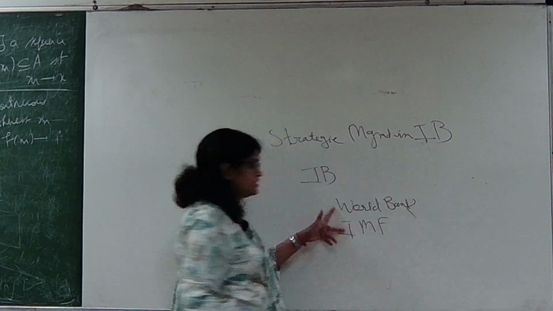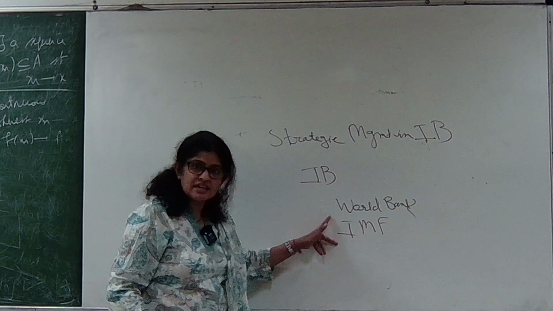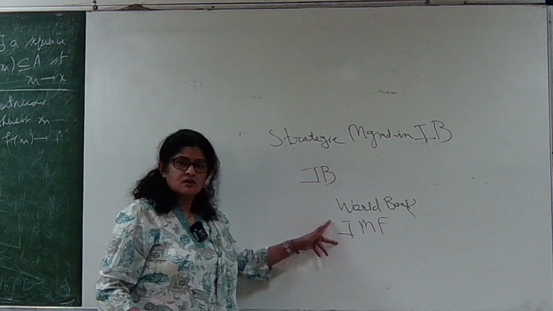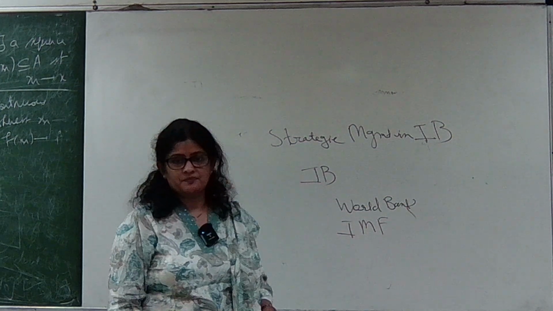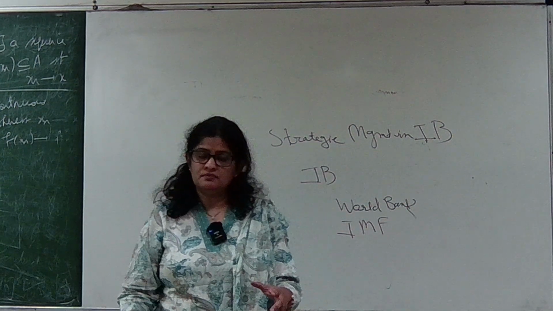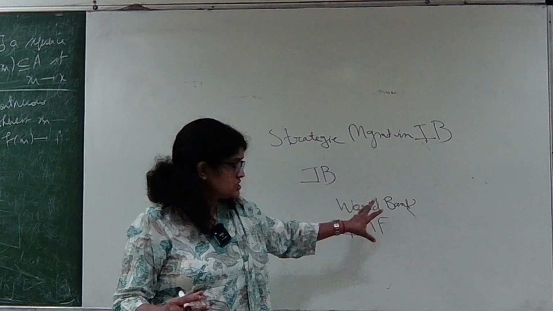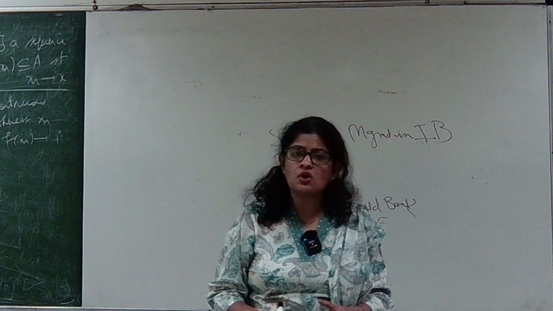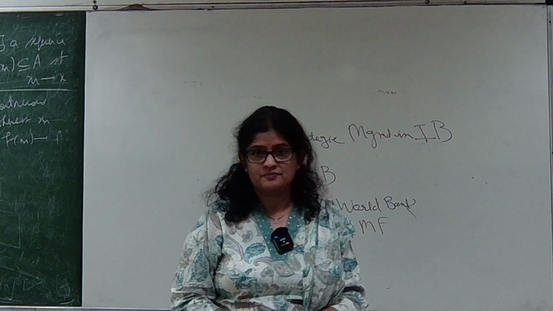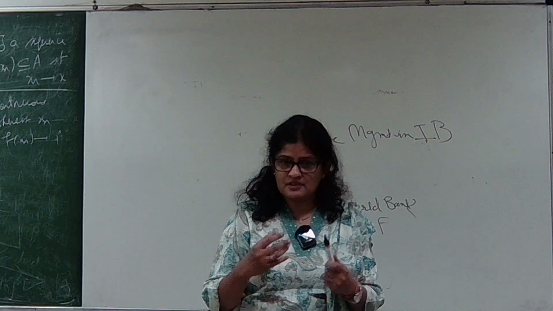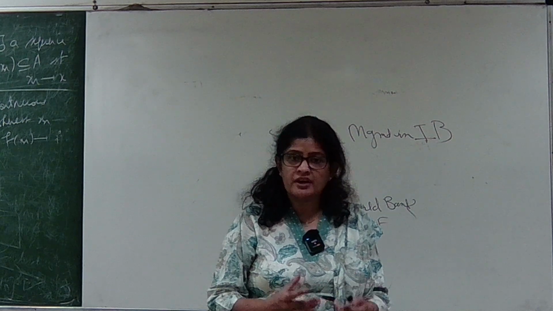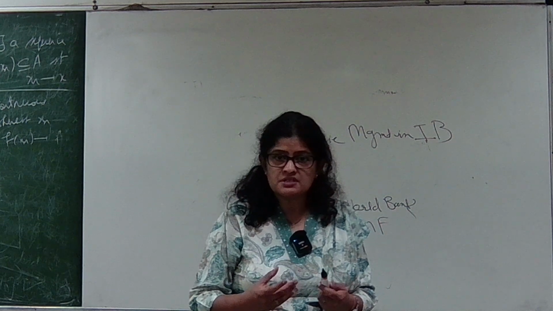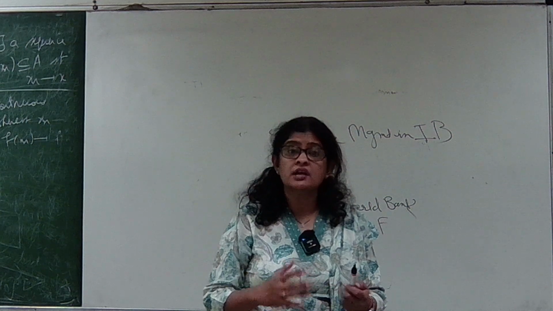These two main international bodies were conceptualized after the World War. They had a very strong impact on international trade, because these institutions provided loans and funds for going into business not only on the national level, but on the international level.